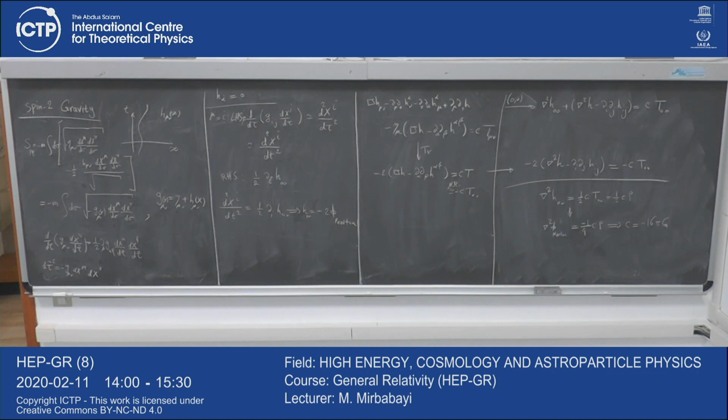Yes. Couldn't we just use this to identify with the Poisson equation and say that this is the Newtonian potential, and identify c over 4 with 1/16 pi G without using the Poisson equation?